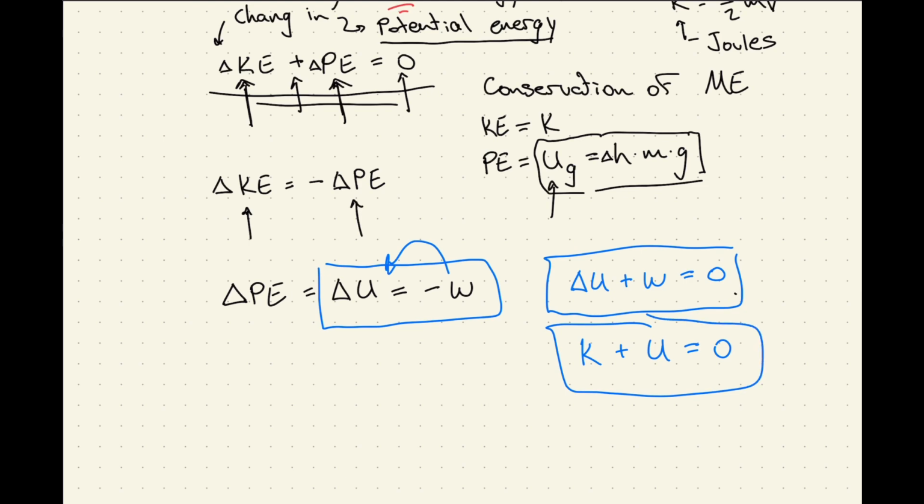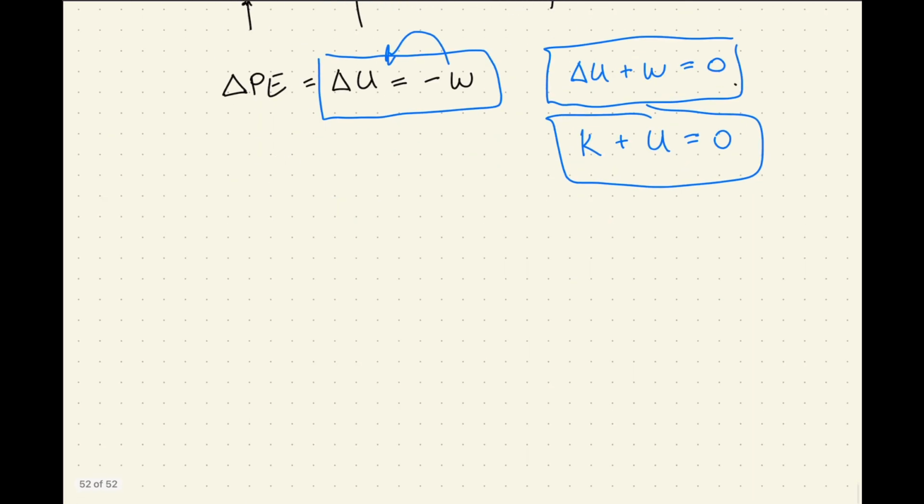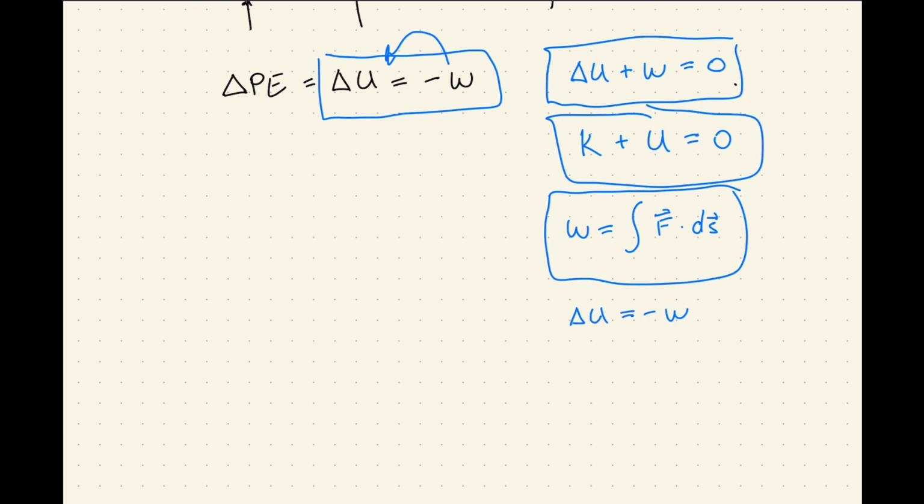And then again, you have the equation for work, which is work done on an object is an integral over the force vector times this infinitesimal displacement vector. So these are a couple of interesting equations. Alrighty. Oh, also the equation: change in potential energy is equal to negative work done on the system.